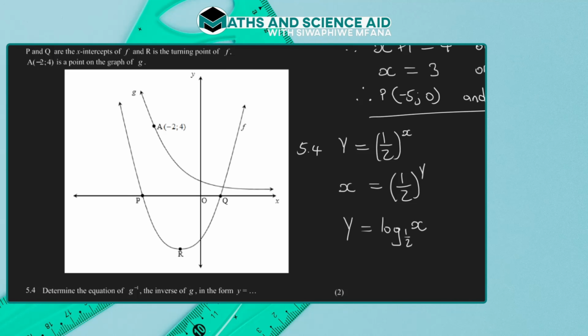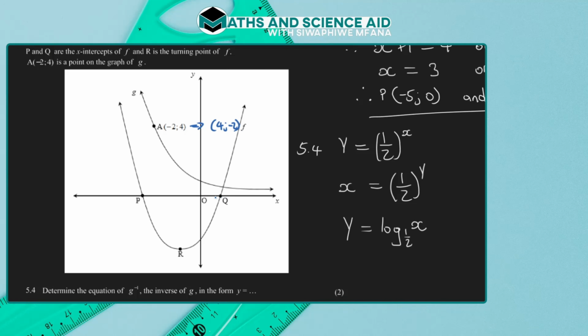For an example, we've got point A here with coordinates -2 and 4. In the inverse, this coordinate is going to change into 4 and -2. So in our inverse, we are going to have this coordinate.